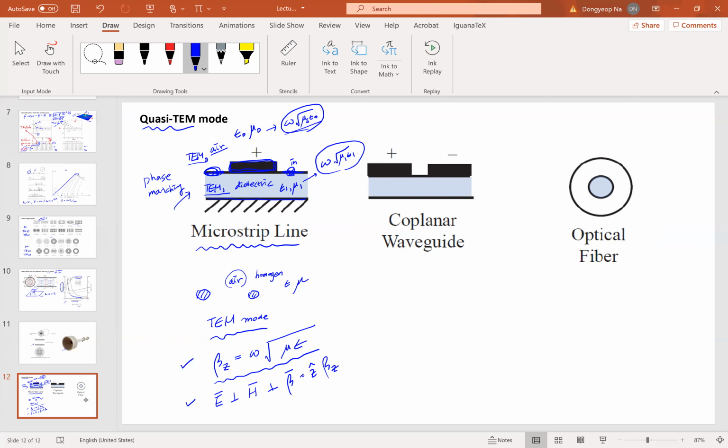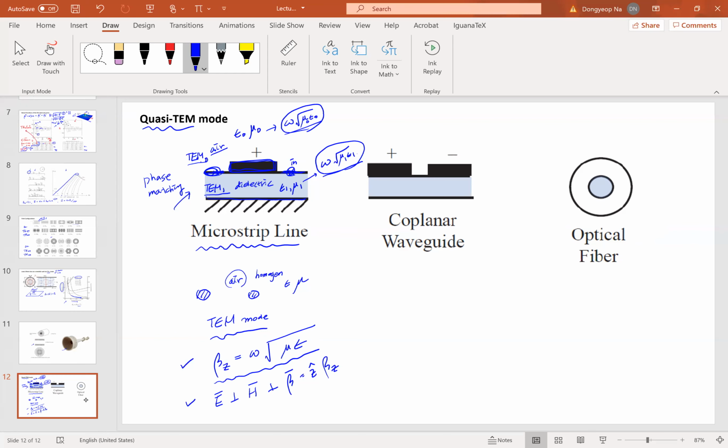Okay, that's because they are propagating with different phase wave numbers, propagation constants, so these two TEM modes cannot be supported by this structure.